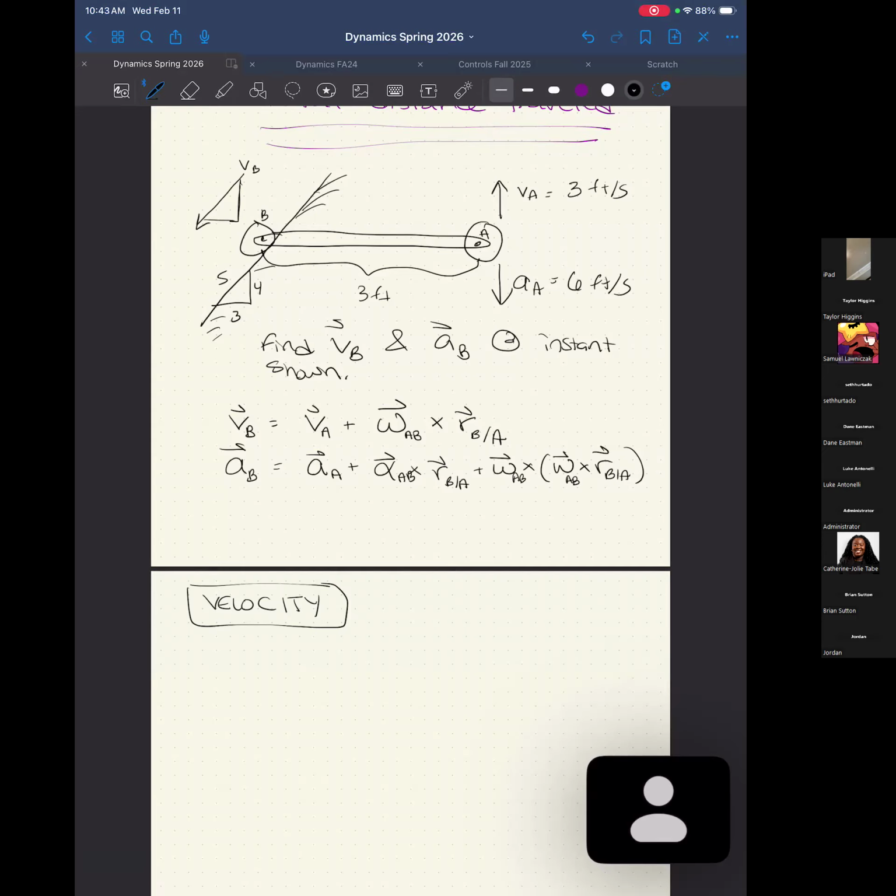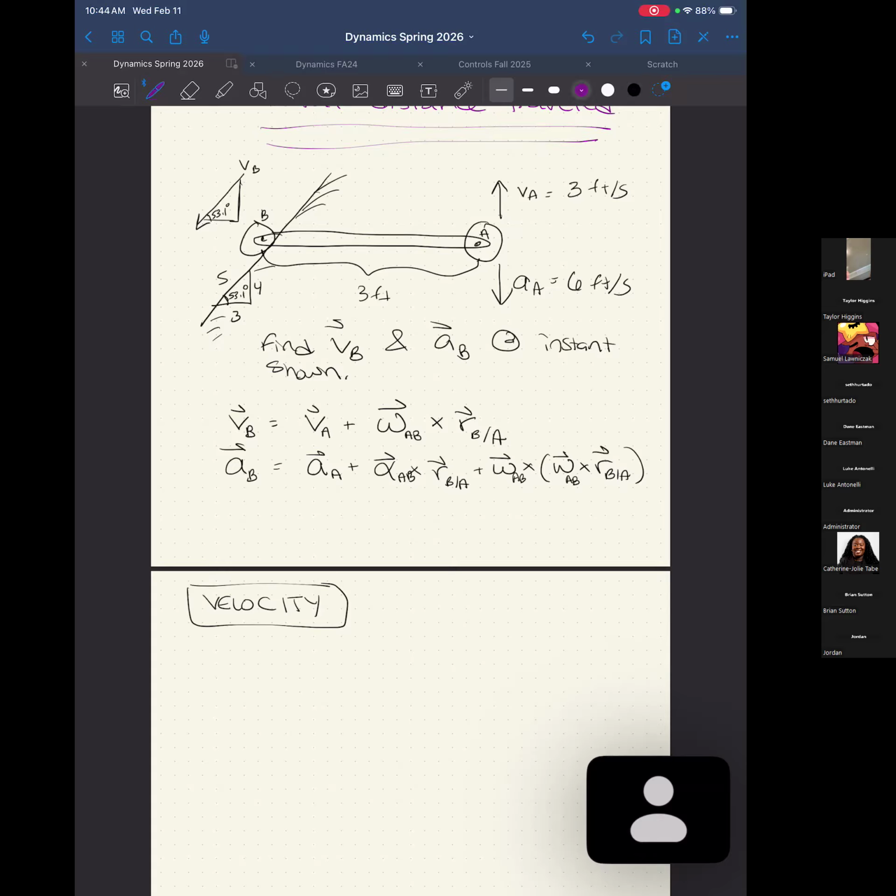We can take the tangent, tan inverse of 4 over 3. 53.1. Okay, that's gross. But we can use that to do our trig. Do we agree that's that angle? Okay.